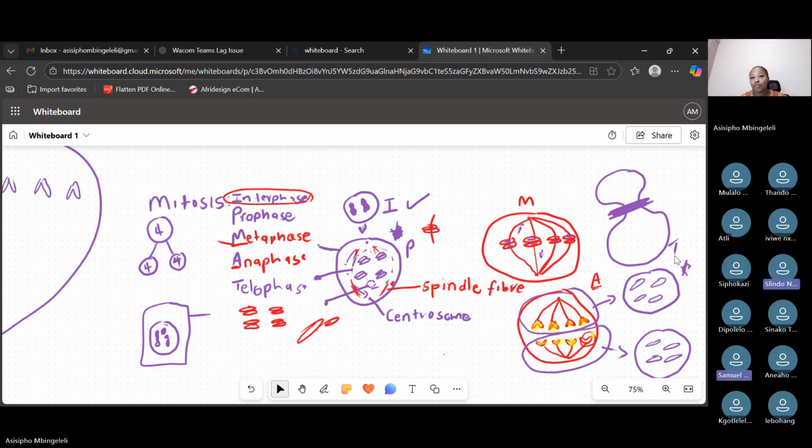4, ma'am. Okay, what's different? Let me see if I can use a different color or a pointer here. Okay, what's different between, we are saying we started with 4 chromosomes in the parent cell. And at the end of telophase, we are having 4 chromosomes in each cell. But something looks different here. What's different between the chromosomes that we find in prophase and the chromosomes that we find in telophase?